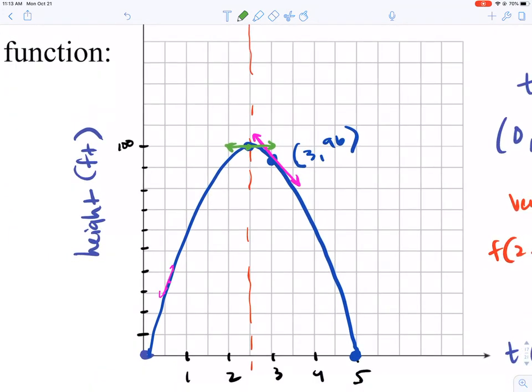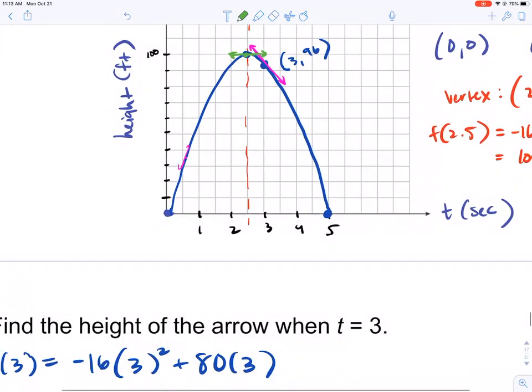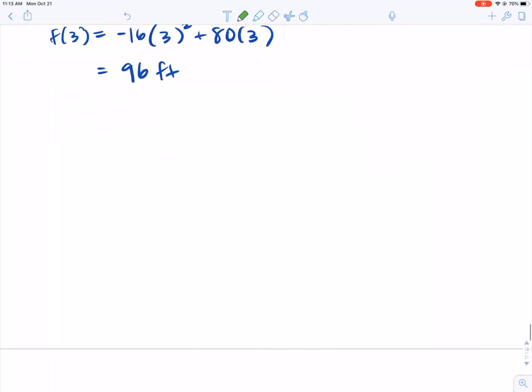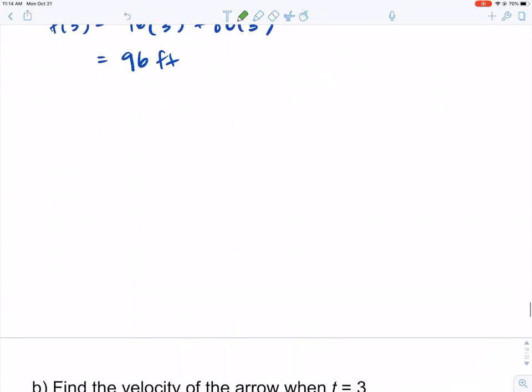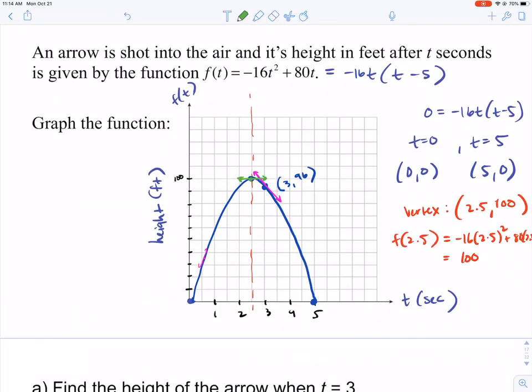Well, if we evaluate f prime at 2.5, notice we get 0 feet per second. And that's because the arrow goes up, up, up, and then it kind of hangs in the air for a second before going down, down, down.